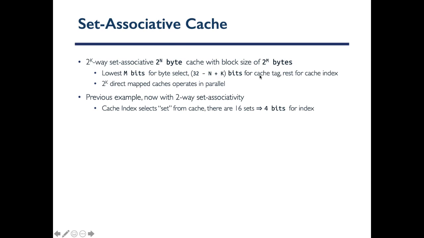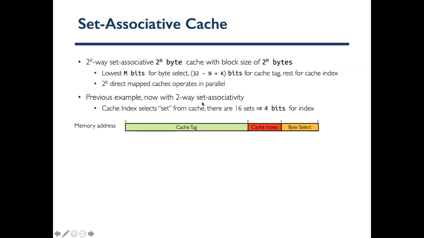Now the number of bits I need for the tag has increased. Previously in direct map, I only needed 32 minus n. Now I need to add this k to it for my cache tag, and the rest of it will go to cache index. Now let's look at the example we had.